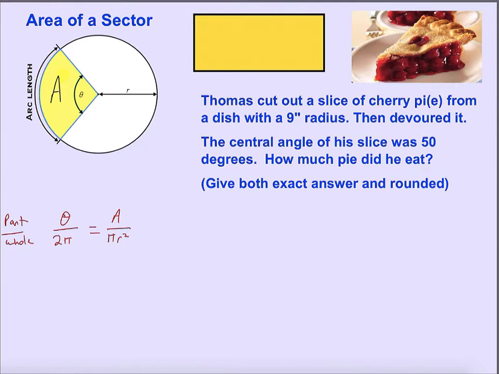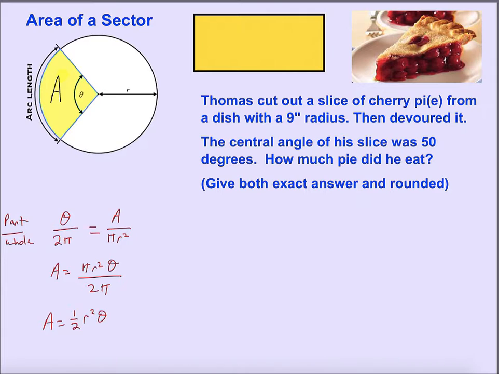Well, I can solve this for A. Just multiply both sides by pi r squared. A equals pi r squared theta over 2 pi. And we can cancel a little bit of that out. The pi's cancel out. Nothing else does though. So that's just how our formula is left. I'm going to write it as a 1/2 instead of an over 2, only because that's the way I like to say it.